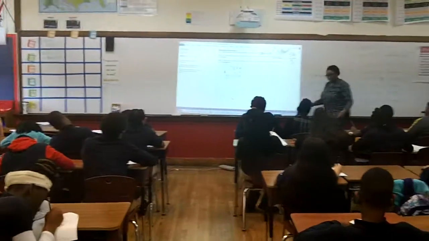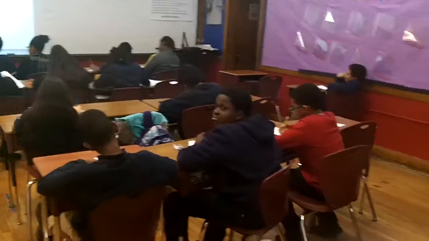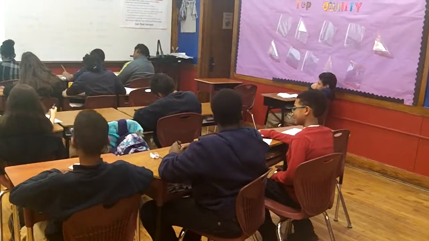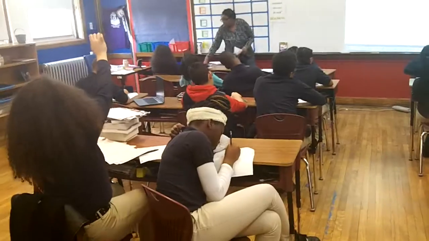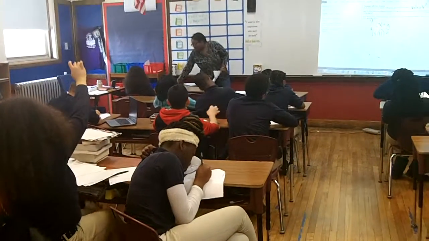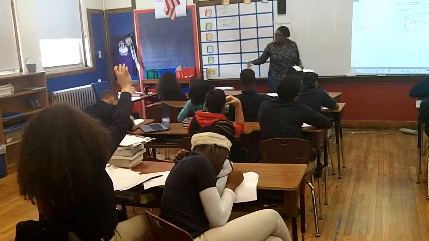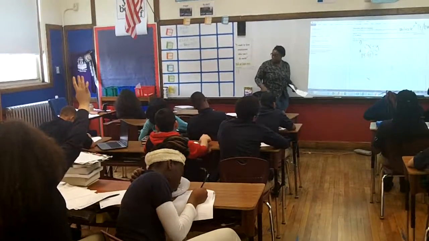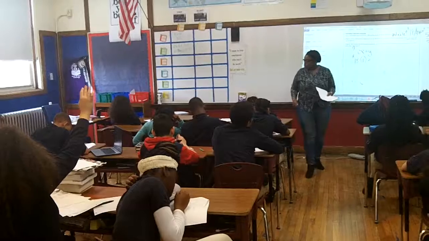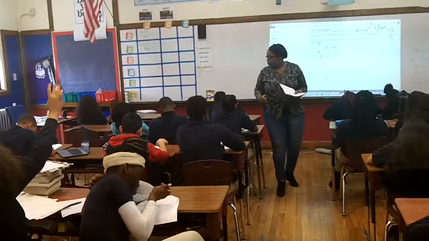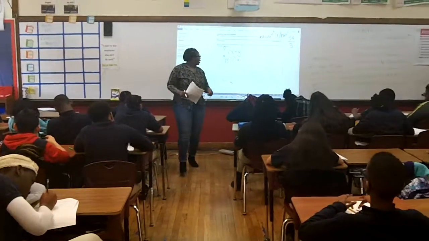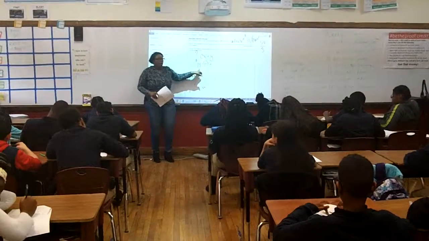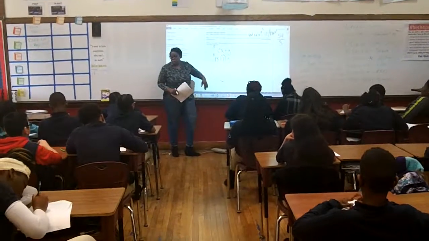Jason has it. 18 times 11. Think about what that number represents. What does this number represent? Exactly what you said. What part? What does Y stand for? Jalen, help her out.